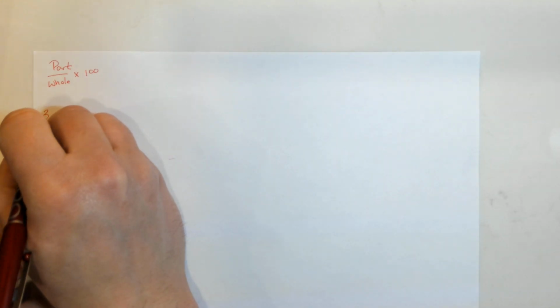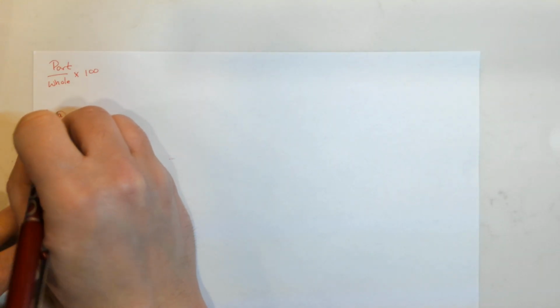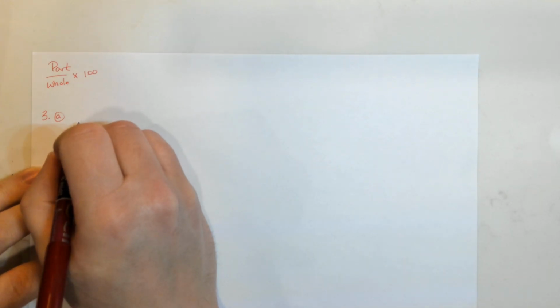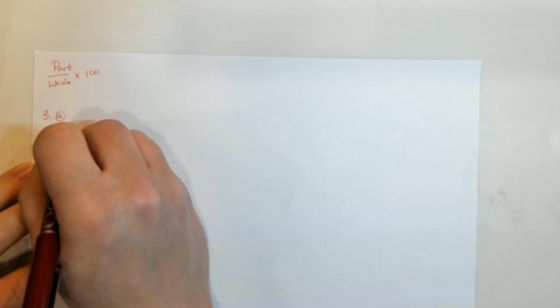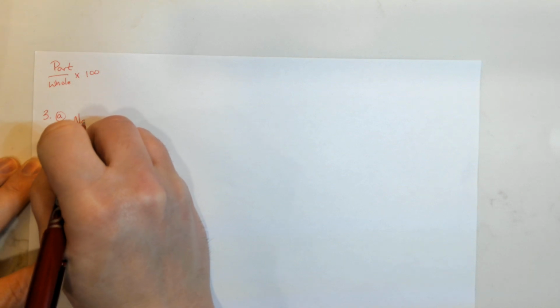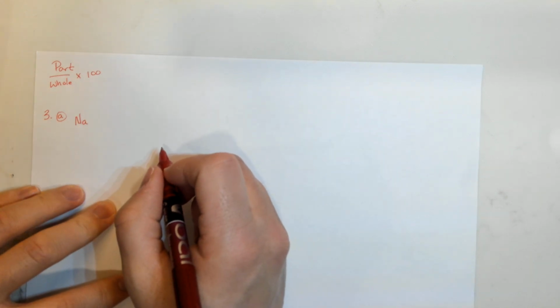So let's do 3A together. For 3A, we've got sodium carbonate decahydrate. Well, we're going to do our formula writing. First, what is the symbol for sodium? It's Na. And what is the symbol for carbonate? That's on your polyatomic ion sheets.